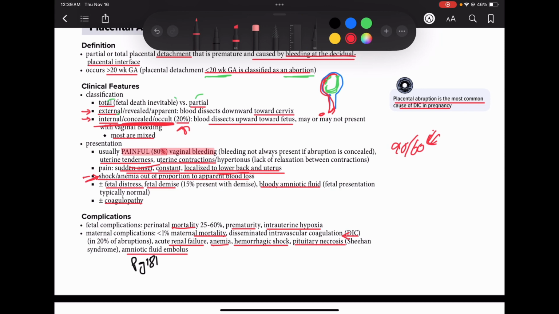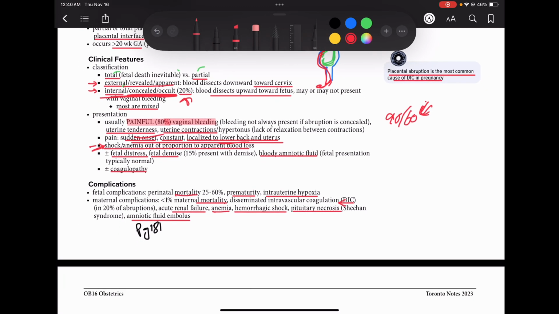The changes in the vitals, the shock, the bradycardia, the symptoms of maternal compromise and fetal compromise would be out of proportion to the apparent blood loss, because it might be concealed inside, right? So make sure of these two types: external, revealed, apparent, and internal, concealed, occult. Okay. And then you can also see fetal distress, fetal demise, bloody amniotic fluid, coagulopathy.